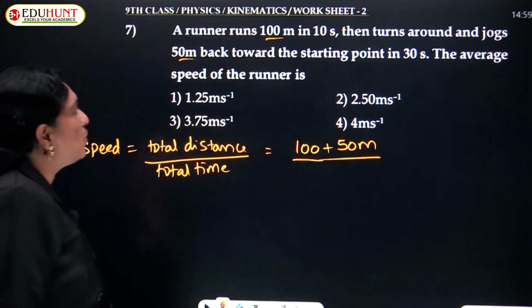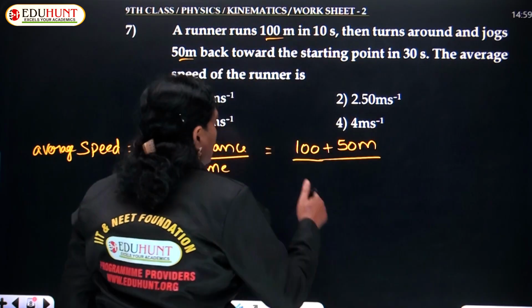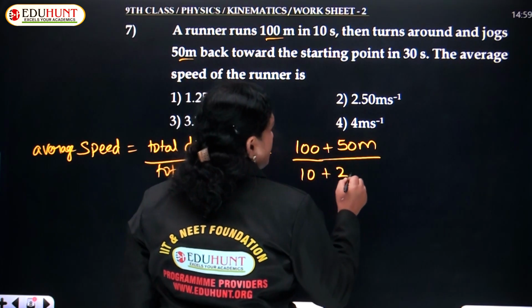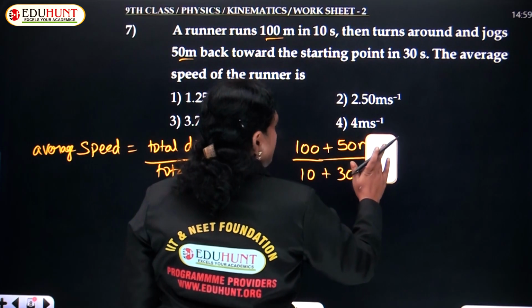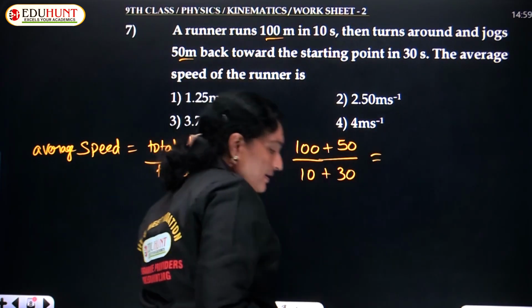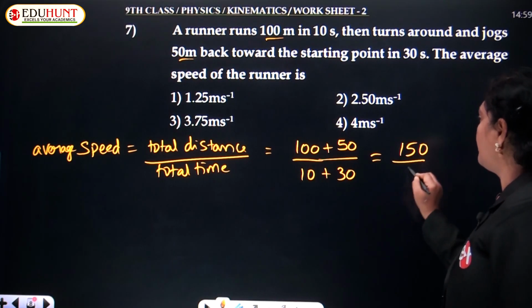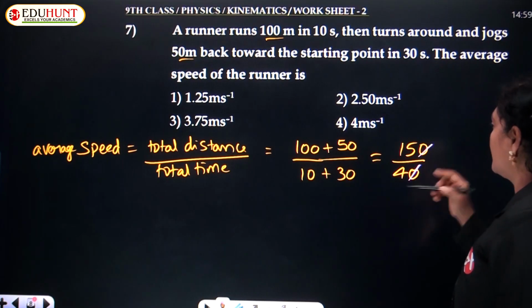And what must be the total time? Here you have 10 seconds and there you have 30 seconds. So totally you have 10 seconds plus 30 seconds. So this is found to be 100 plus 50 is 150 and 10 plus 30 is 40. So here the 0s get cancelled.